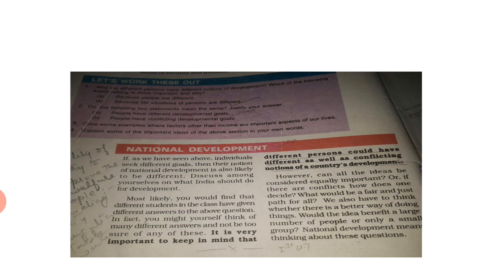Now let's move to page number 6, where there is a statement which states that different persons could have different as well as conflicting notions of a country's development. But before understanding the meaning of this statement, let's understand the meaning of the phrase conflicting notions. Conflicting notions means disagreement over a particular issue.